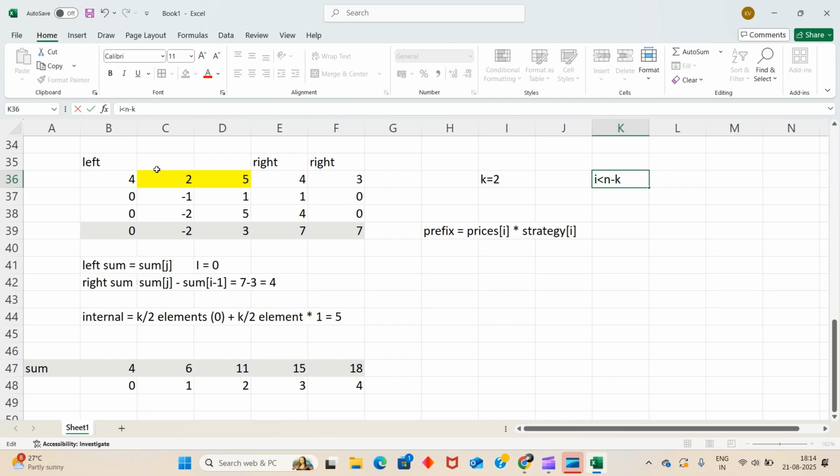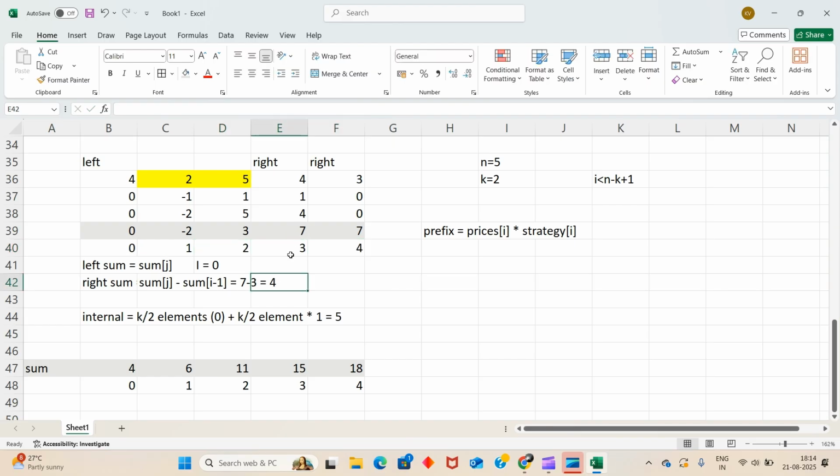N is 5, so 5 minus k is 3. So 0, 1, 2, 3. n minus k plus 1. Why? Consider n minus k is this. N is 5, n minus k will be 2, and the indices are 0, 1, 2, 3, and 4.